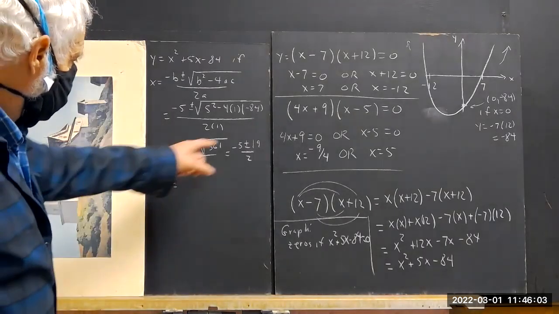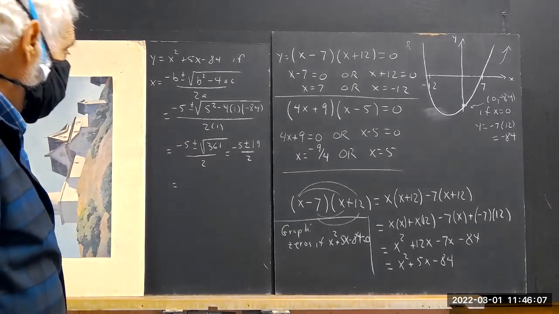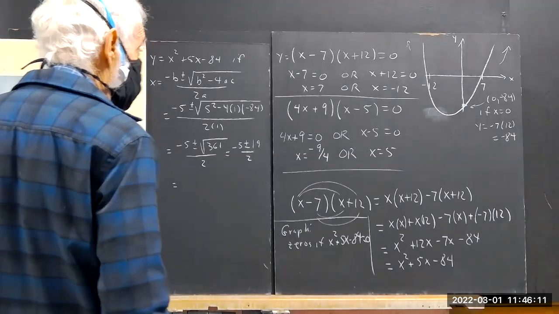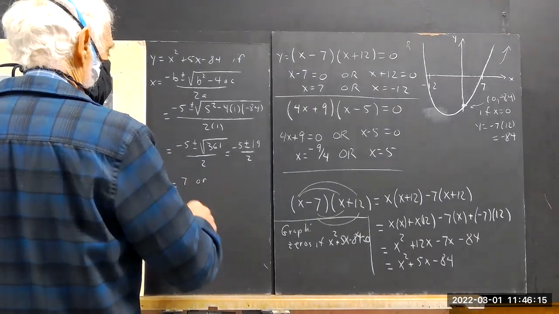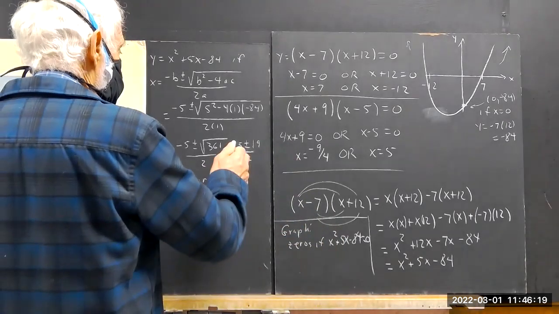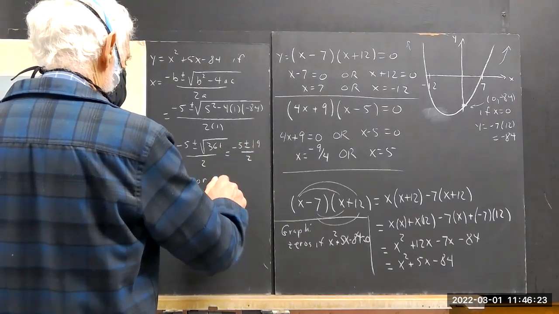Okay, the square root of 361 is 19, so -5 plus 19 gives you 14, divide that by 2, you get 7. -5 minus 19 is -24, divide that by 2, you get -12.